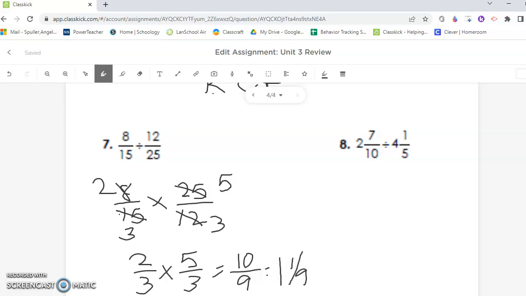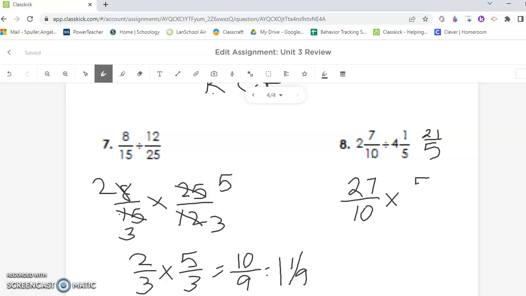Good job. Go ahead and try this next one by yourself and then come back and see if you got it correct. All right, first and foremost, I'm going to make it an improper fraction. So 10 times 2 is 20 plus 7 is 27 over 10, and 4 times 5 is 20 plus 1, so this is 21 over 5.